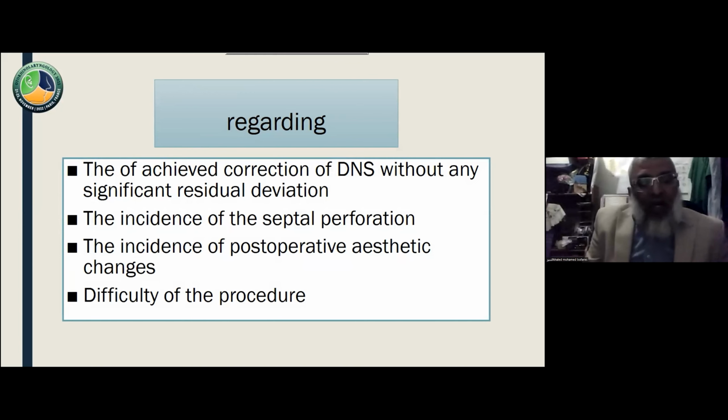In addition, we tried to compare the difficulties regarding the performance of these procedures, whether the endoscopic septoplasty is more difficult or the conventional creates more difficulty as compared to the other.